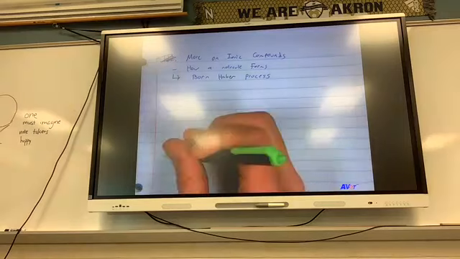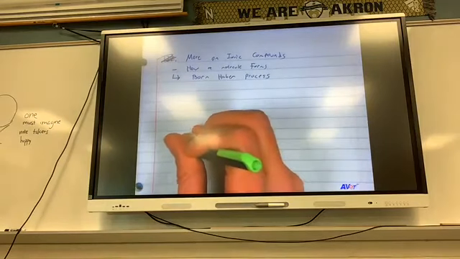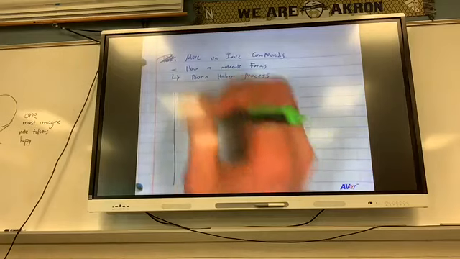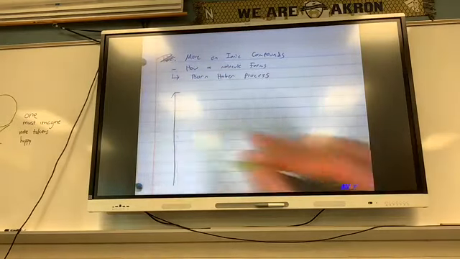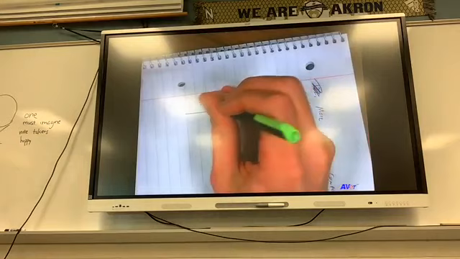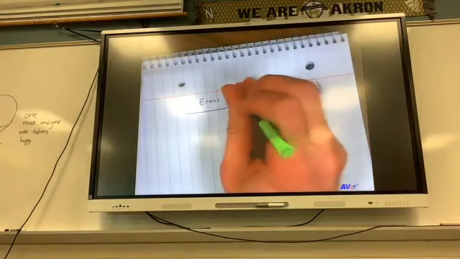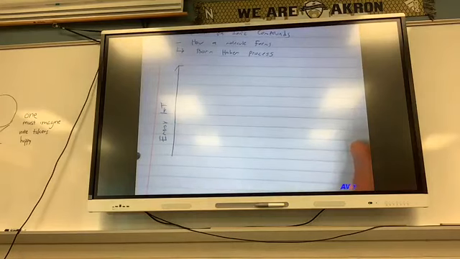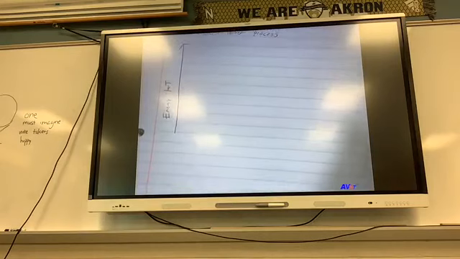So I'm going to make a little chart here. On this end, I'm going to have energy in kilojoules, increasing. And we're going to talk about all the different steps there are in a reaction.